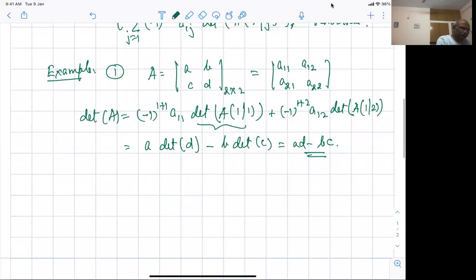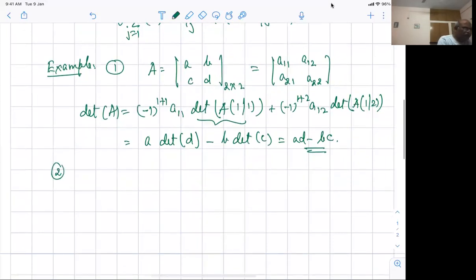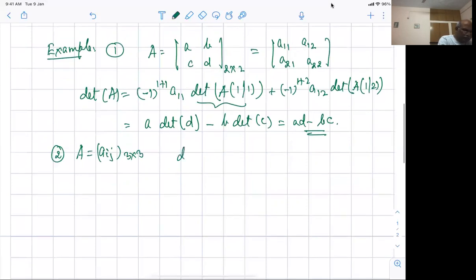Fine. For a 3 cross 3 matrix, let's be careful and do it nicely. So A is Aij, 3 cross 3, and I'm looking at the determinant of A. Let me write it like this so that there is clarity.